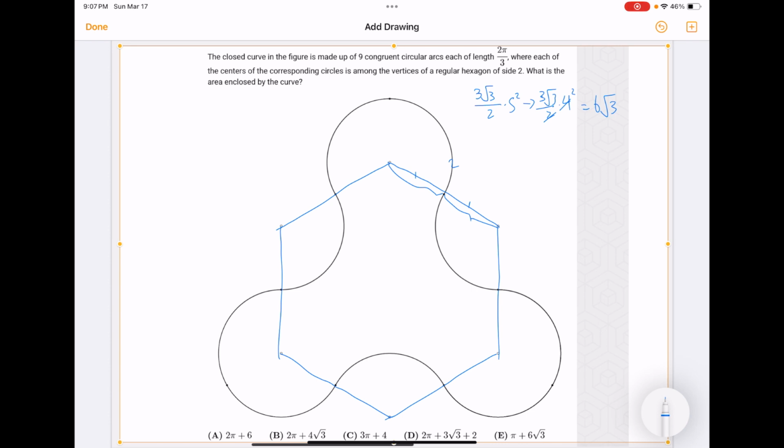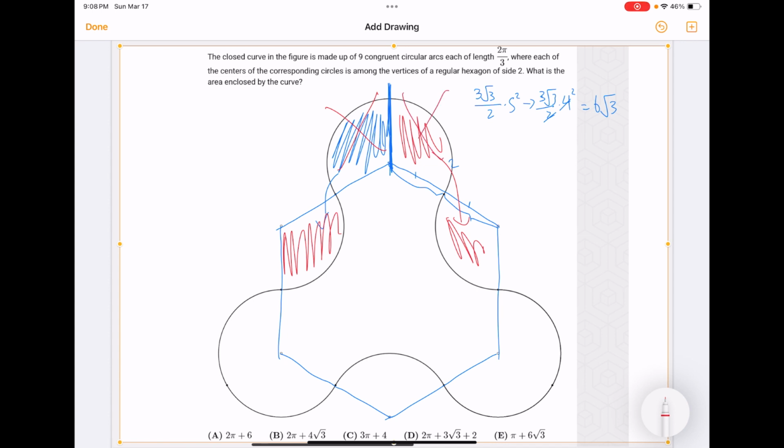It says that all of the arcs are congruent. So what if we, quote unquote, cut this arc and place this arc right here? This arc is gone and it is placed right here to fill in this spot. And then do that same thing with this side.